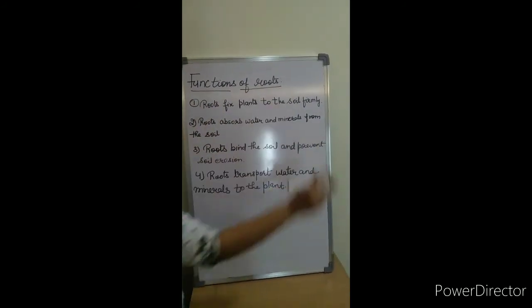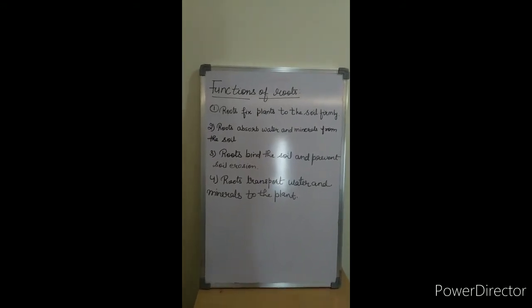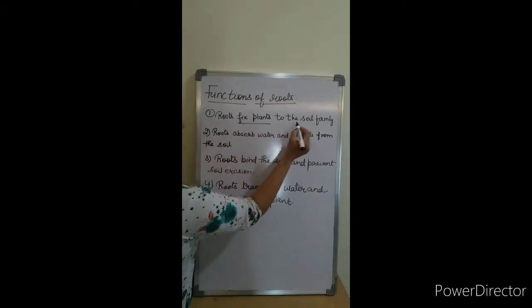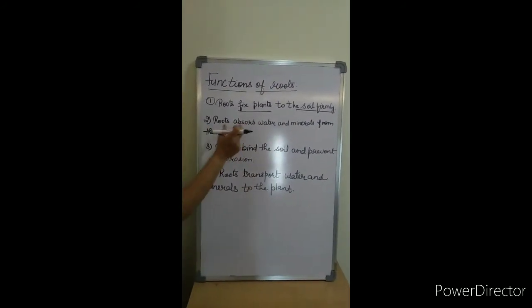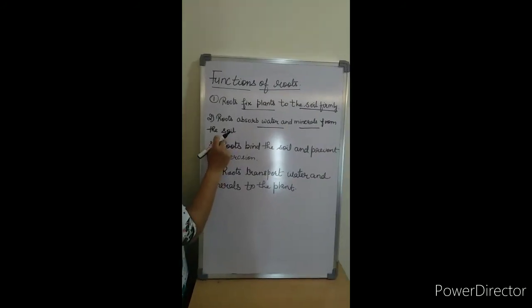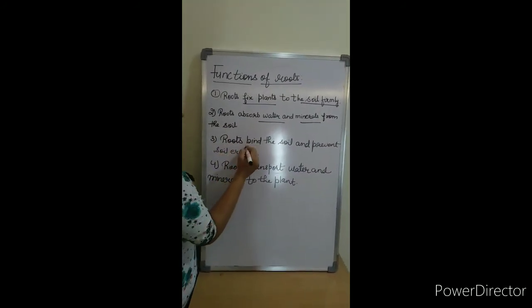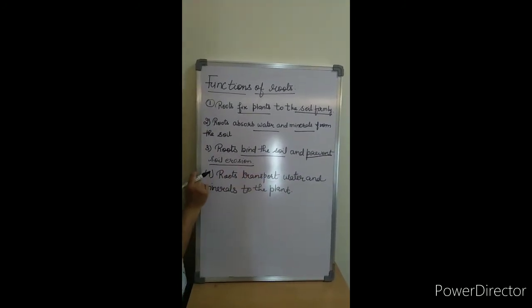Functions of roots. Now we will learn about the functions of roots. Roots fix plants to the soil firmly. Firmly means strongly. Roots absorb water and minerals from the soil. Roots bind the soil and prevent soil erosion.